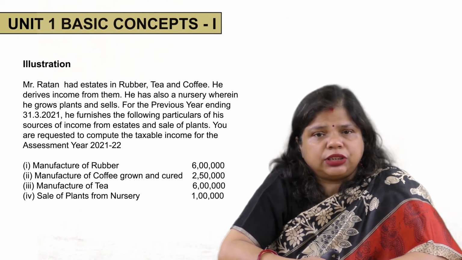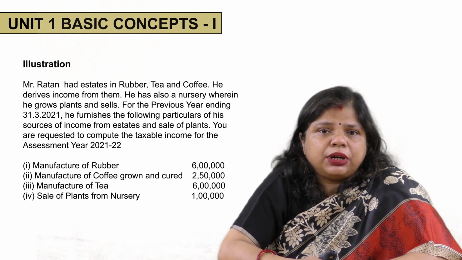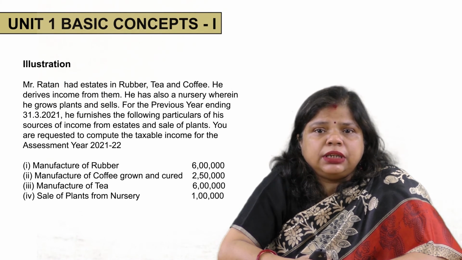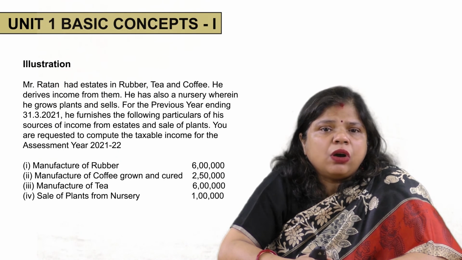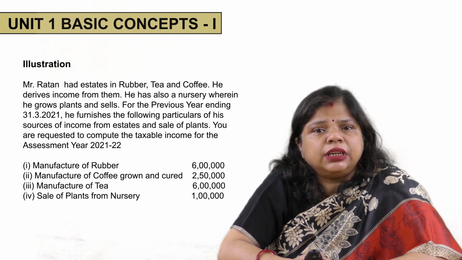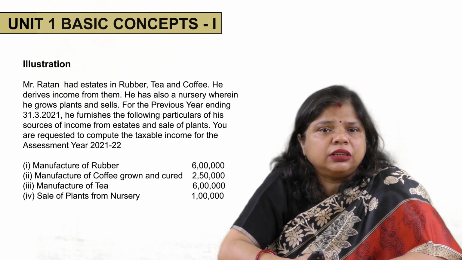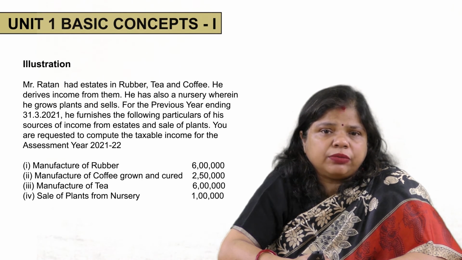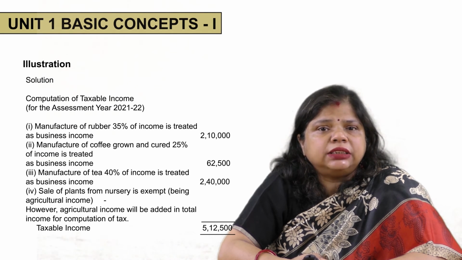Let us take one illustration. Mr. Ratan has estates in rubber, tea and coffee, and he derives income from them. He also has a nursery where he grows plants and sells them. For the previous year ending 31st March 2021, he furnishes the following particulars of his sources of income from the estates and sale of plants.